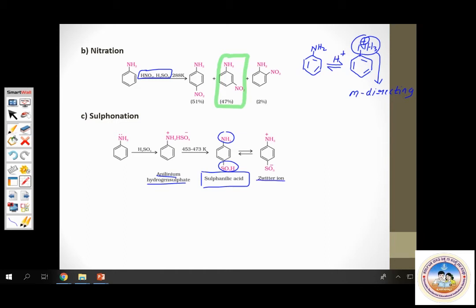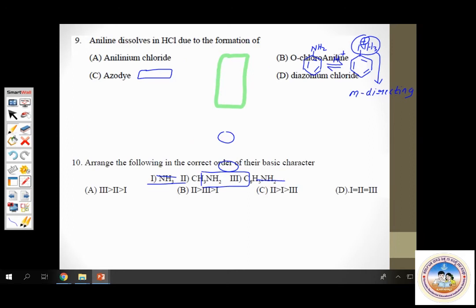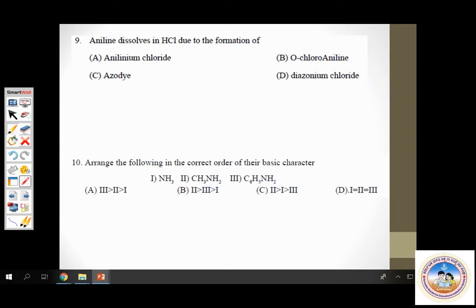Question number 9. Aniline dissolves in HCl due to the formation of anilinium chloride. We saw it just previously. Aniline dissolves because it reacts with HCl. Aniline made to react with HCl, you get anilinium chloride salt.